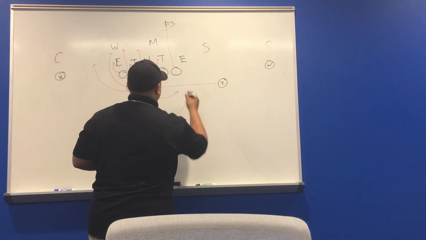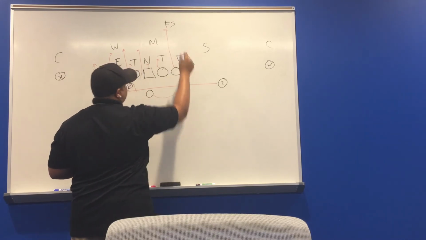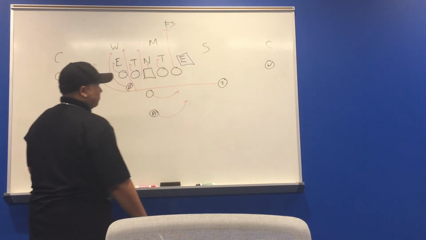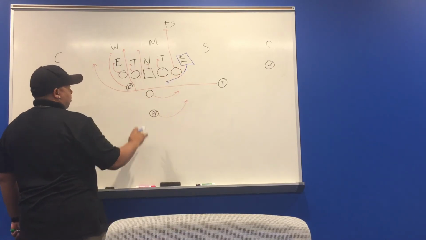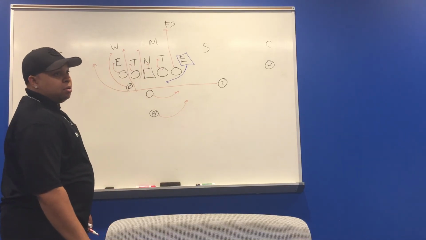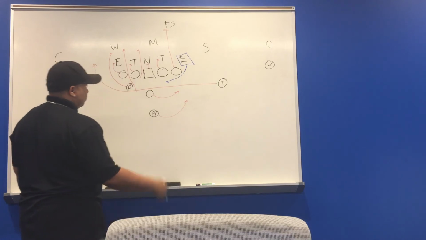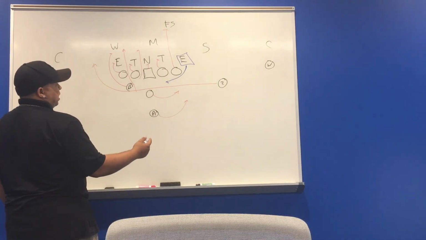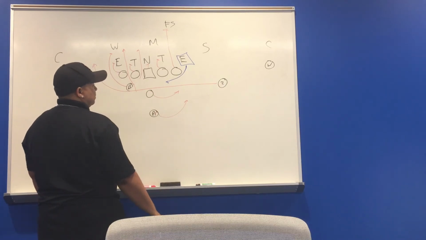Again, even on jet sweeps, we're still reading, folks. We're still reading. If he crashes, we're pulling this thing out, and now we're running the option. We're going to go over all this on the field, so don't worry about it. But that's how we handle this. If he tries to crash down, we run the option.